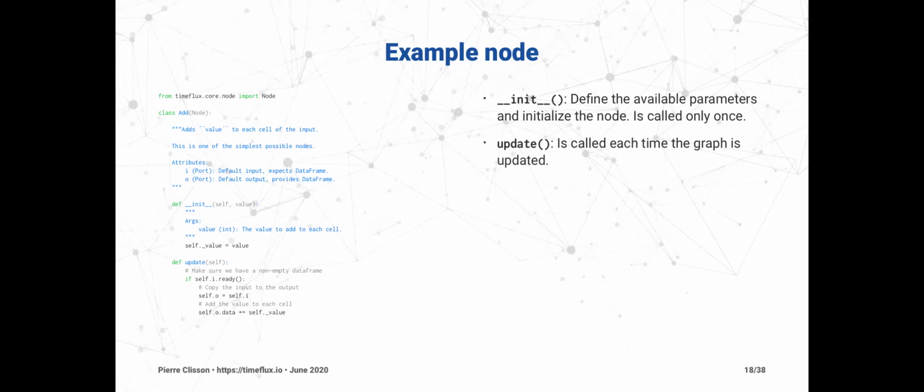And ready here is just a syntactic sugar to make sure we have something in our input. And if we have something, first we copy the output to the input, and we add our value to each of our output. And then we just need to set our output like this, and everything else is taken care of.